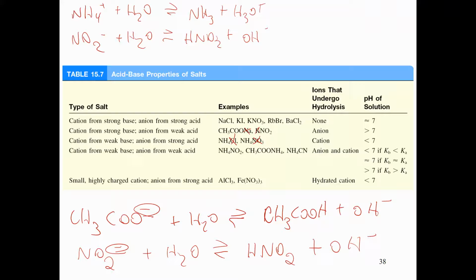So if the Kb of NO2 minus was stronger than the Ka of NH4 plus, then this would become a basic solution. Let's see. Maybe I can look those up.